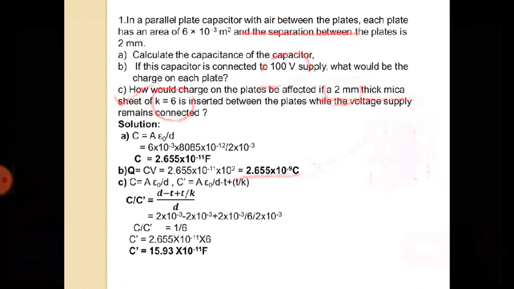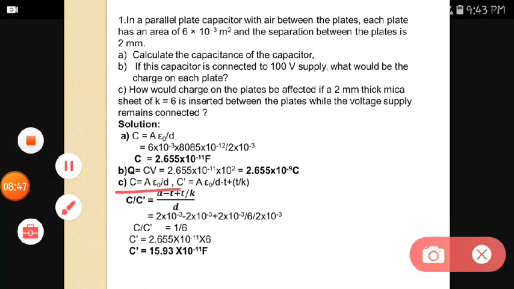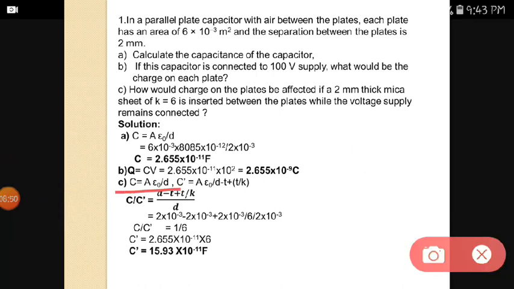So for that reason, since a comparison is asked, we have to compare the capacitance when air is the medium and when the thick mica sheet is there inside the two parallel plates. Alright, so for the air medium, the formula is C equals A epsilon 0 upon D, and if a mica sheet, or dielectric sheet, is there, the formula is A epsilon 0 upon D minus T plus T upon K. So as we know, the value for D is what? 2 mm.